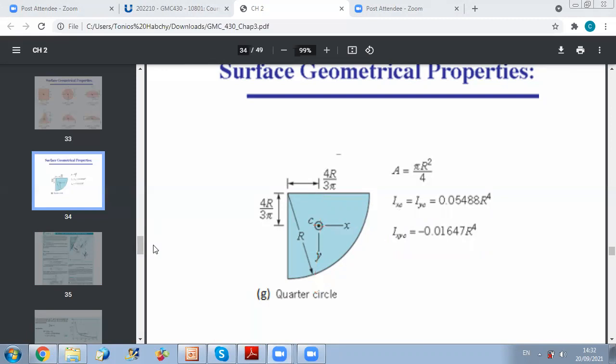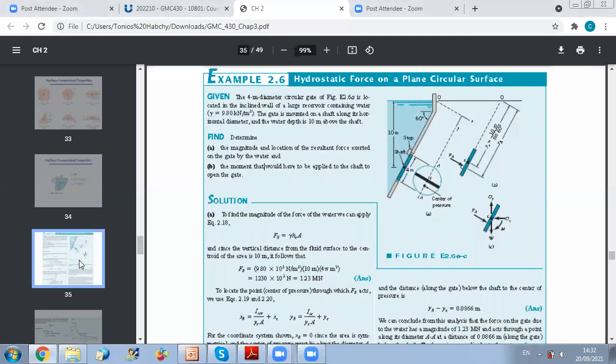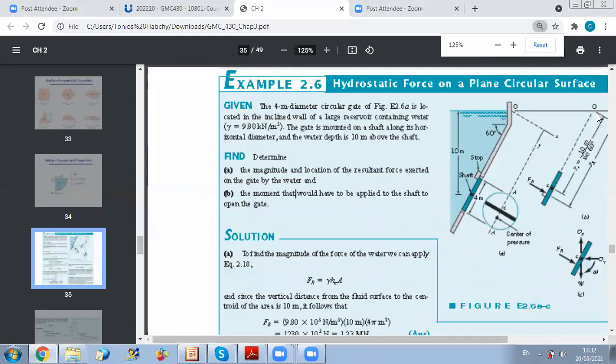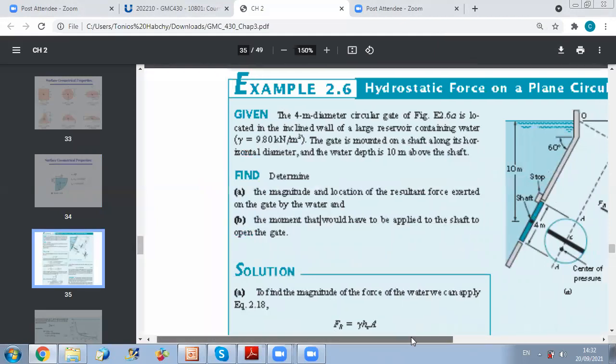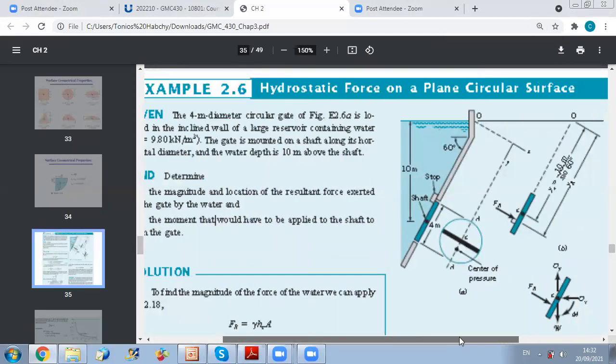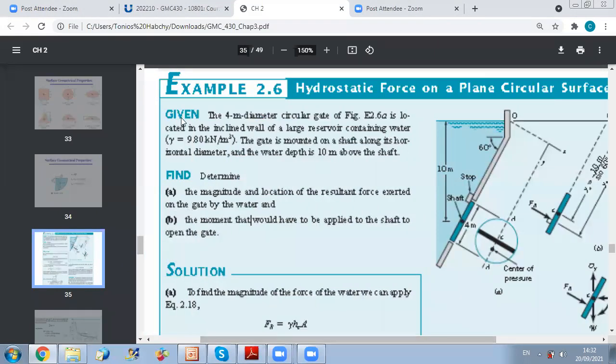So now let us do a problem to see how we can apply our knowledge numerically. In this problem, we have a 4-meter diameter circular gate located in the inclined wall of a large reservoir containing water. They gave us gamma of water.